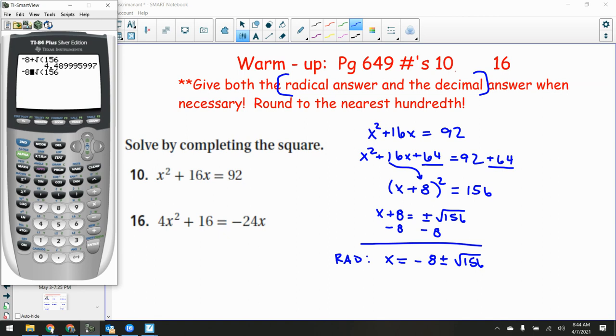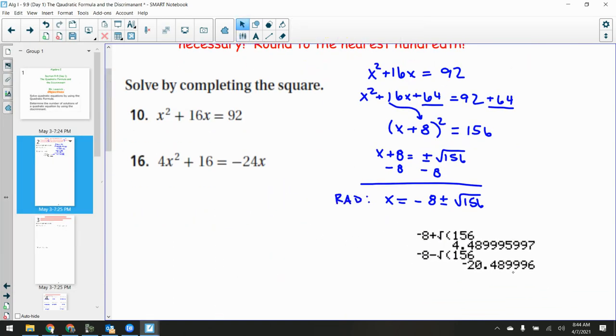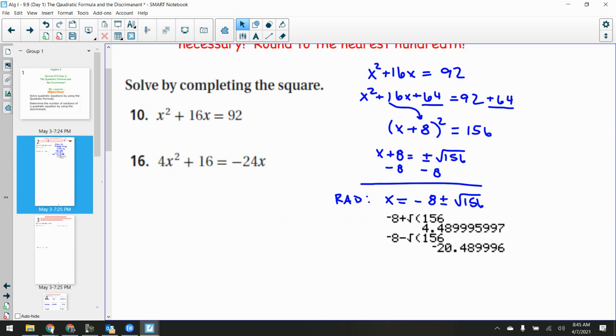All right, those are my two answers there for this one. 4.49 and negative 20.49. Questions about that one? Any other questions about that one?